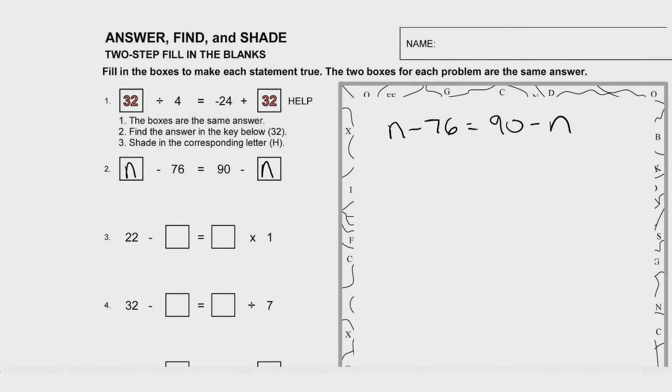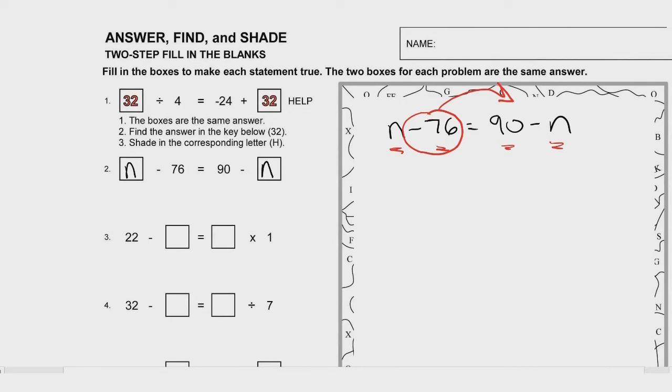But the thing is on this problem no one is happy, because we have a letter or a variable next to a number on this side, and we have a number and a variable next to each other on this side. So no one's happy. So it doesn't matter who you move. And what I'm going to do is move this minus 76 here because I know if I send it to the other side, it's going to become its opposite, and it'll become positive.